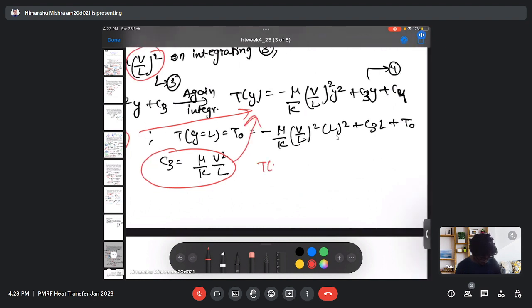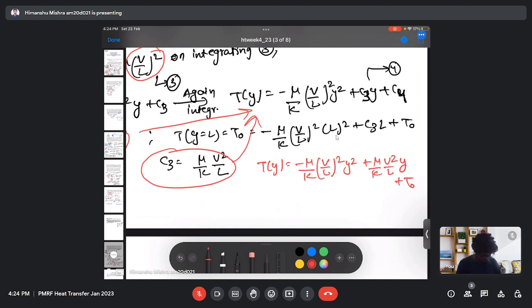So my temperature profile will be minus mu by K y square plus mu by K V square by L y plus T naught.